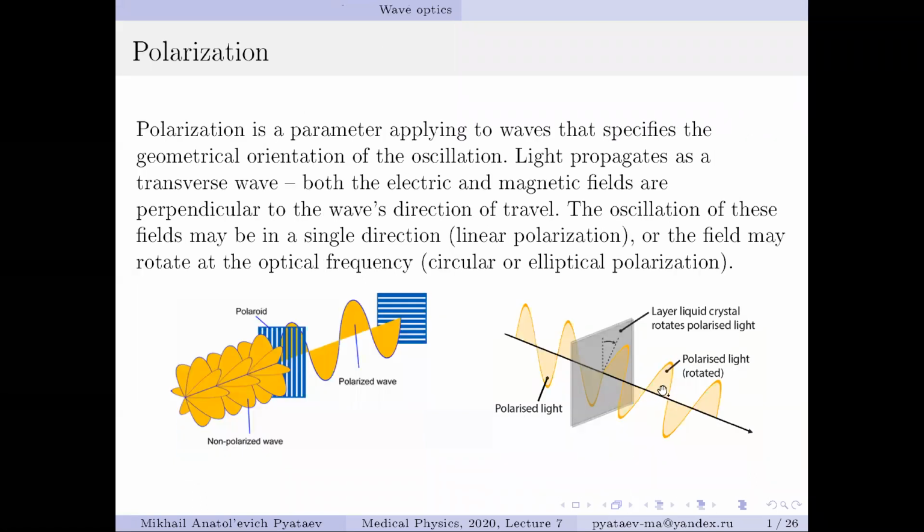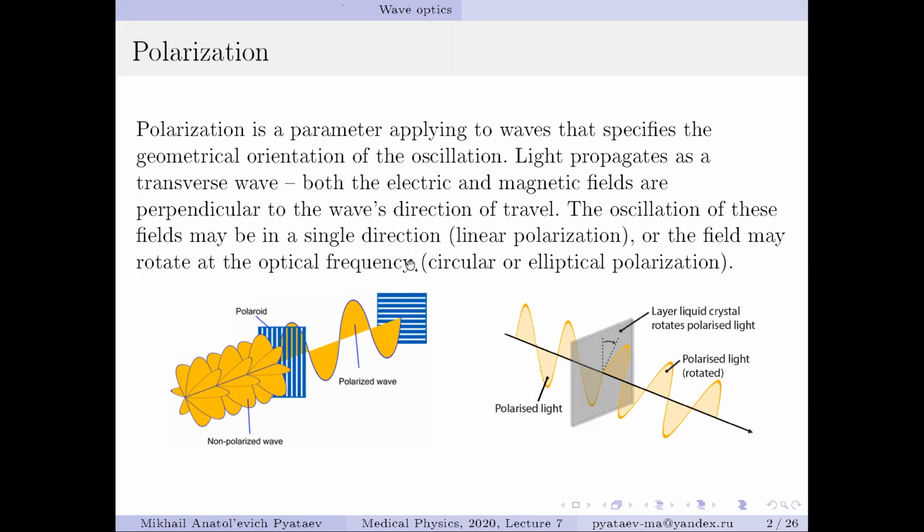Well, the next phenomenon related to light is its polarization. So the previous one was total internal reflection. Now let us discuss polarization. We have said that the light wave is a transverse wave.